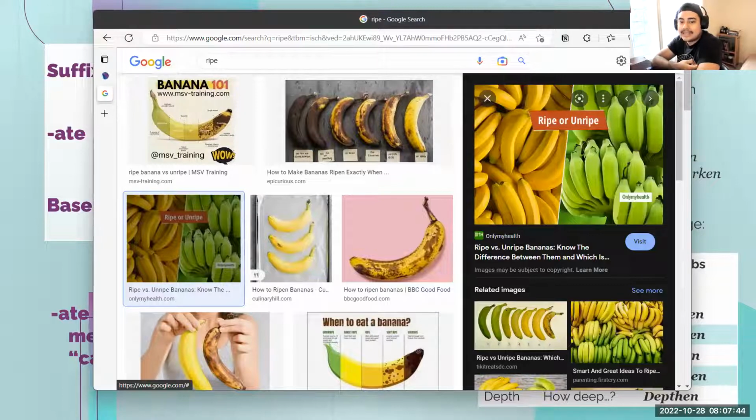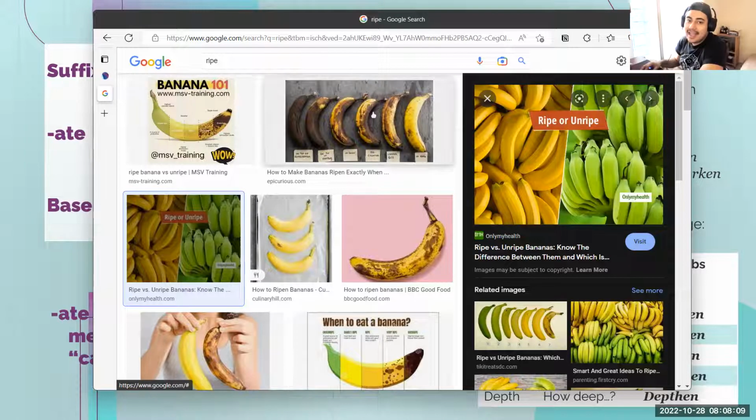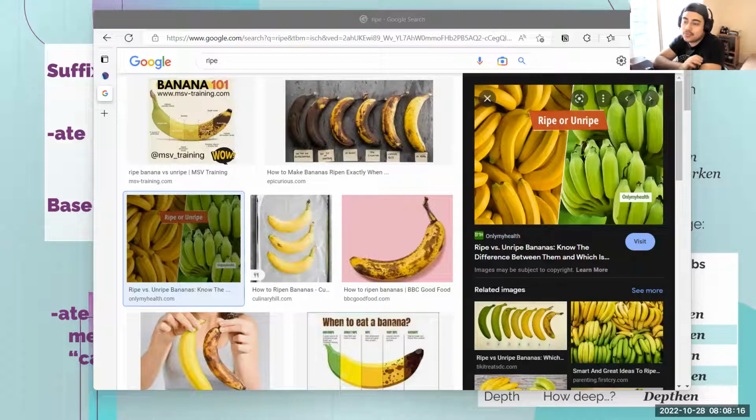You need to wait for the banana to become ripe. Right? This action is to ripen. Excellent, Connie. Pronunciation, ripen. Exactly. You need to wait for the bananas to ripen.